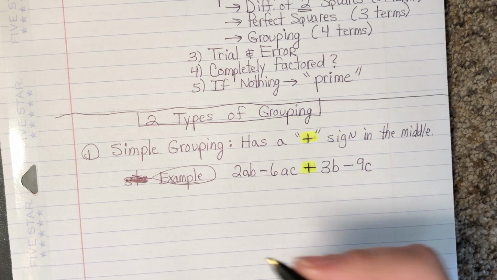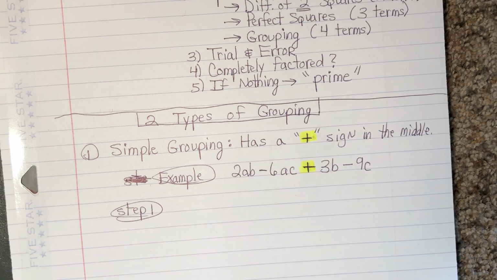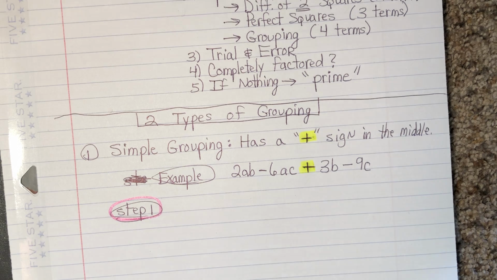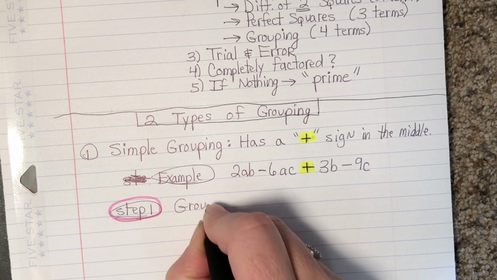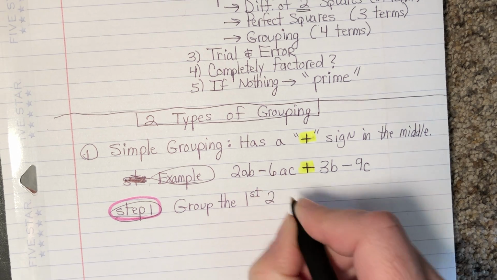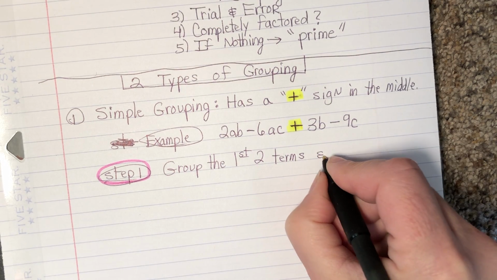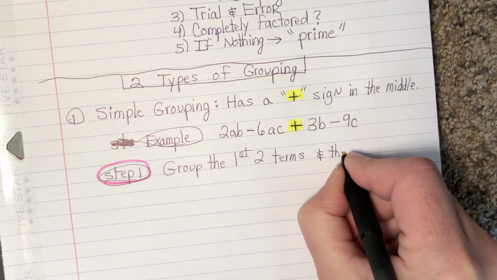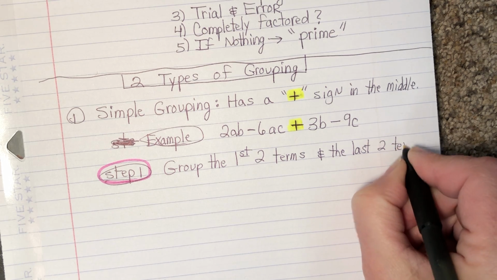So this is the process. Step 1: group the first 2 terms and the last 2 terms.